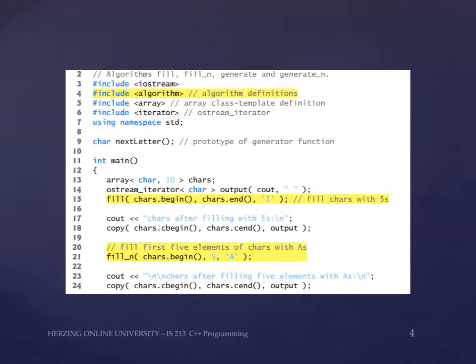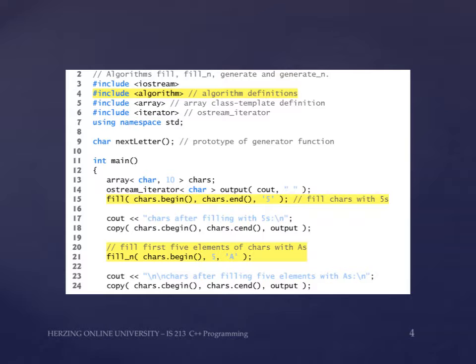Let's take this example. This programming example demonstrates the algorithms fill, fill_n, generate, and generate_n. In this slide 4, let's look at the fill algorithm and fill_n algorithm. So the fill algorithm, starting from line 13, defines a 10 element array of char values.